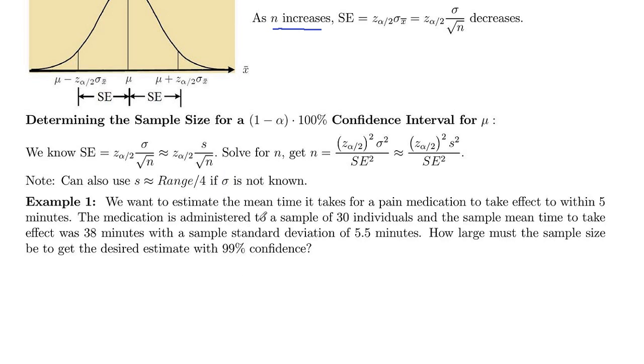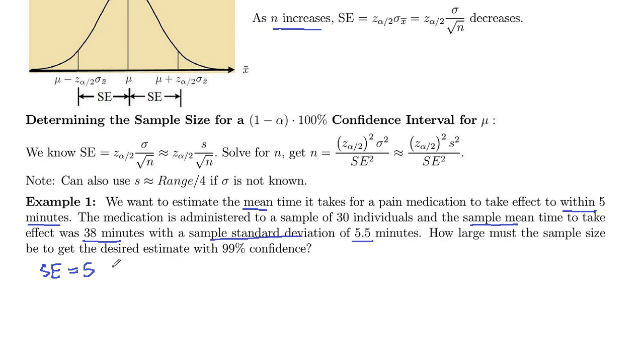So we want to estimate the mean time that it takes for a pain medication to take effect to within 5 minutes. That's going to be our margin of error, sampling error. So SE here is going to be 5. The medication is administered to a sample of 30 individuals, and the sample mean time to take effect was 38 minutes with a sample standard deviation of 5.5.